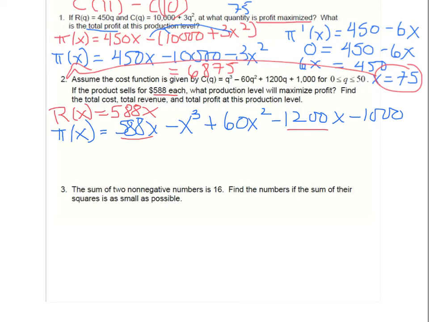So my profit equation is negative x to the third plus 60x squared minus 612x minus 1,000. And then I need the derivative.